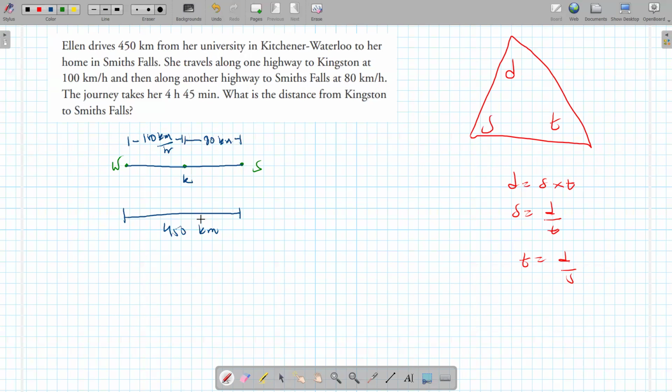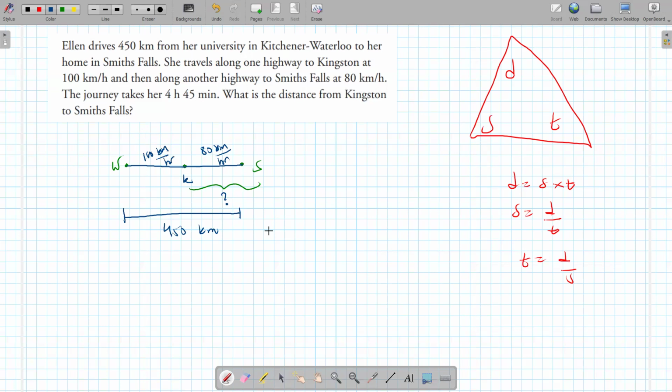The question is, what is the distance from Kingston to Smiths Falls? Let me just write this a little bit more legibly. So this speed is 100 kilometers per hour, and this is 80 kilometers per hour. And the question is, what's the distance from Kingston to Smiths Falls? You understand the question?